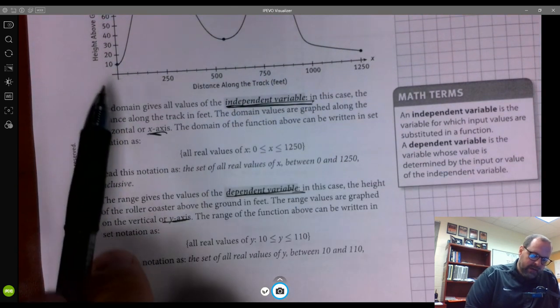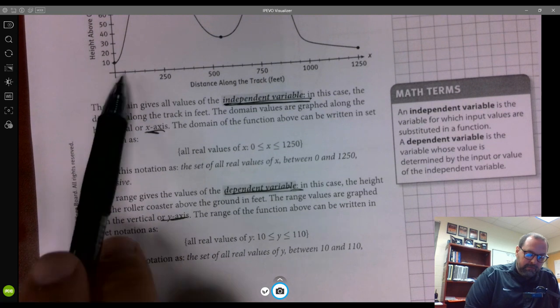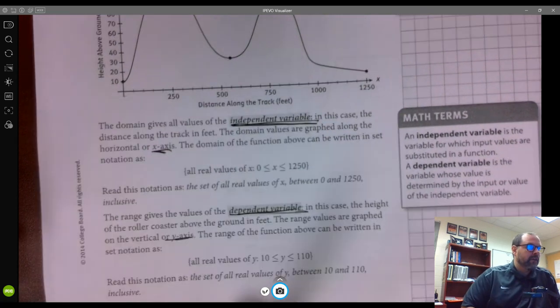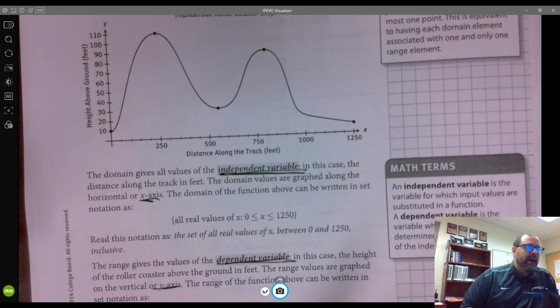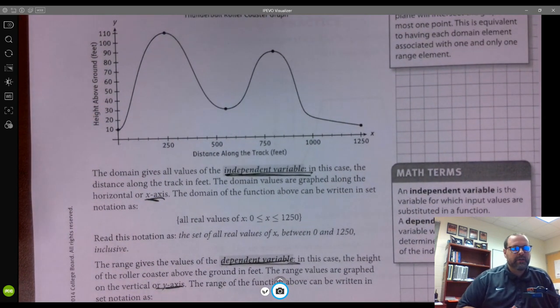Well, that's independent. How high above the ground are you? Well, that depends on how far along you are on the track. So the independent can stand alone. How much money do you make if you sell a certain amount of shoes? Well, you only make so much. It depends on how many shoes you sell. So money is dependent. Independent is the amount of shoes you're selling.